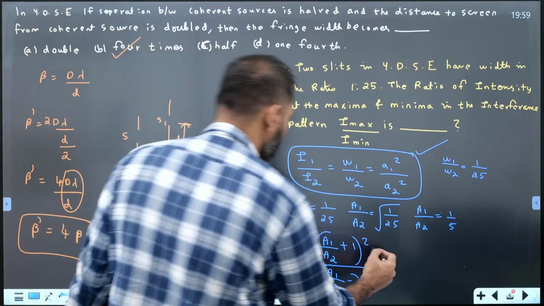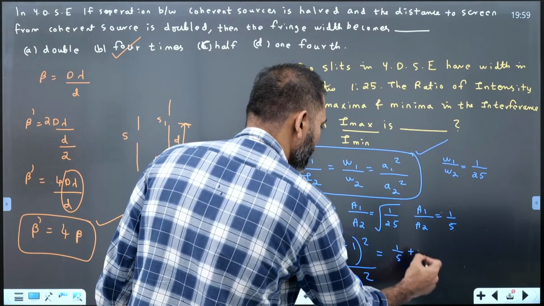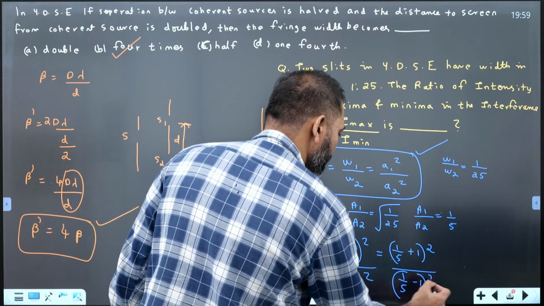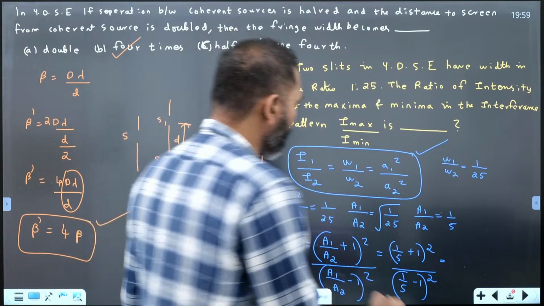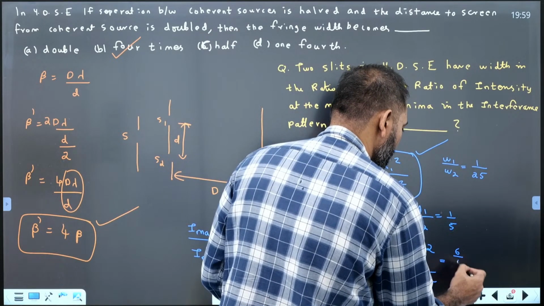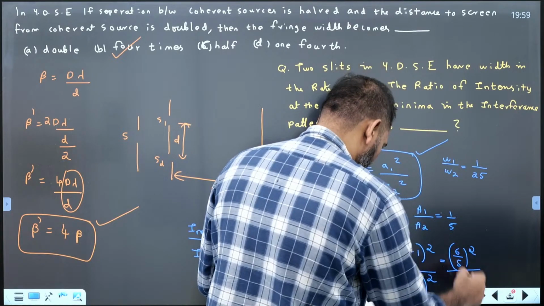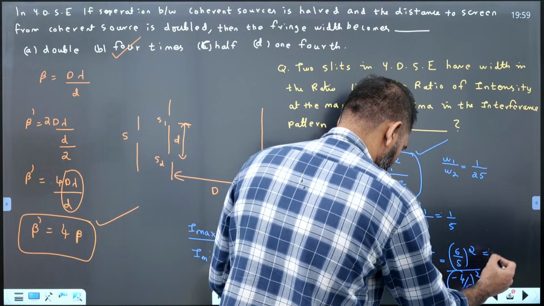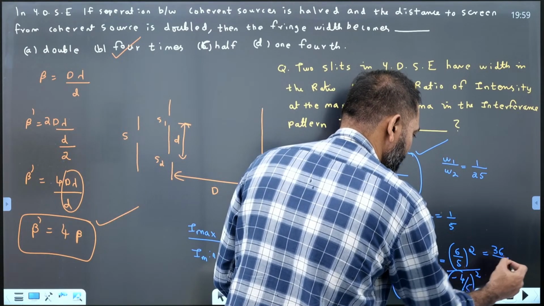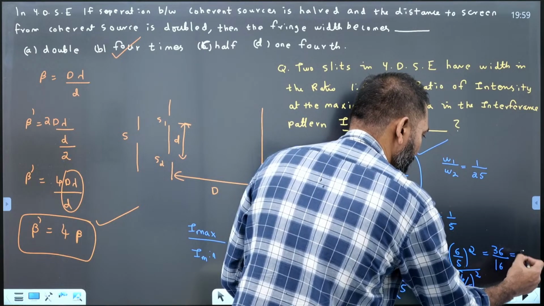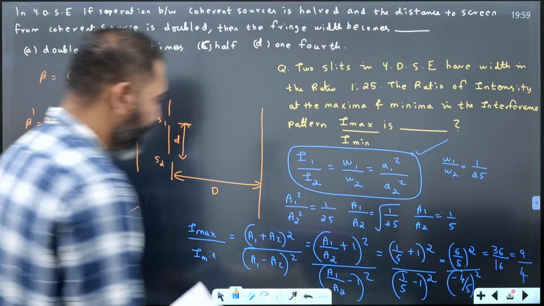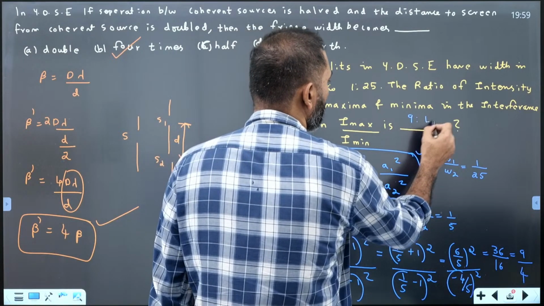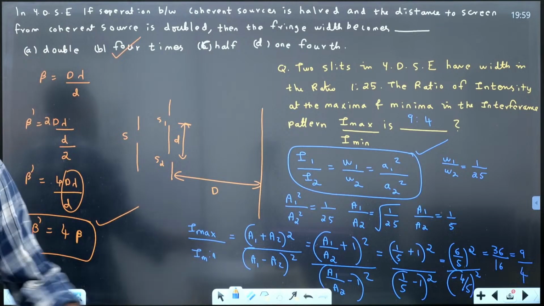So it is 1/5 plus 1 the whole square divided by 1/5 minus 1 the whole square. 1/5 plus 1 is 6/5, the whole square. 1/5 minus 1 is minus 4/5, the whole square. If you solve that, it will be 36/16 or 9/4. Any doubt? So the ratio is 9:4. That is the intensity ratio.